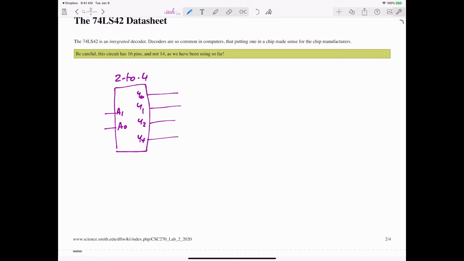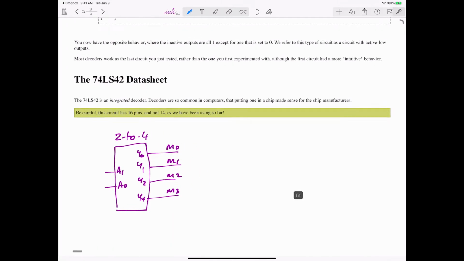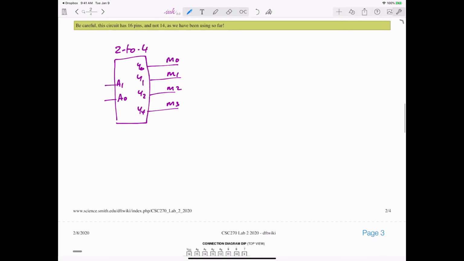What you must remember is that the decoder generates all the minterms of a function. And a minterm is just a function that is 1 for one particular combination of inputs. So A1, A0 can be in all these 4 combinations.